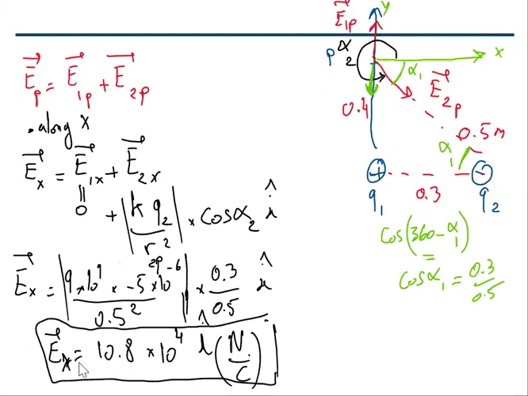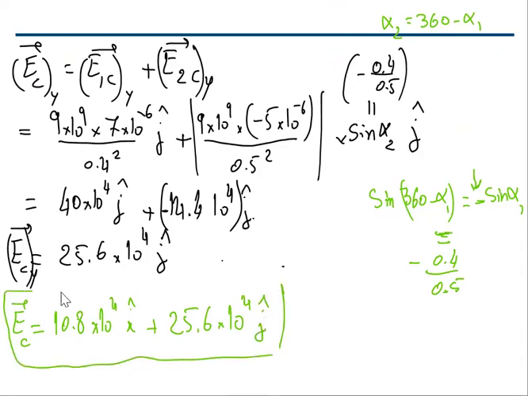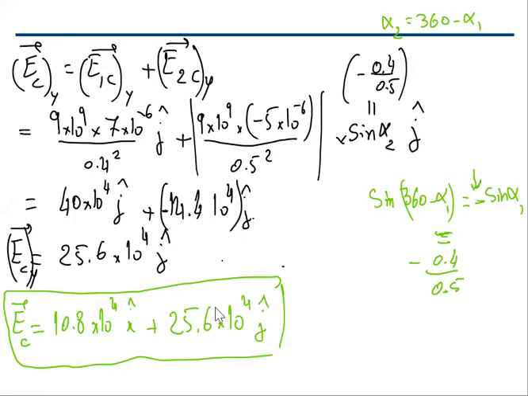The X component is 10.8 times 10 power 4 i plus 25.6 times 10 power 4 j. And this is our vector. Is it okay? Now we got the vector at the point P.